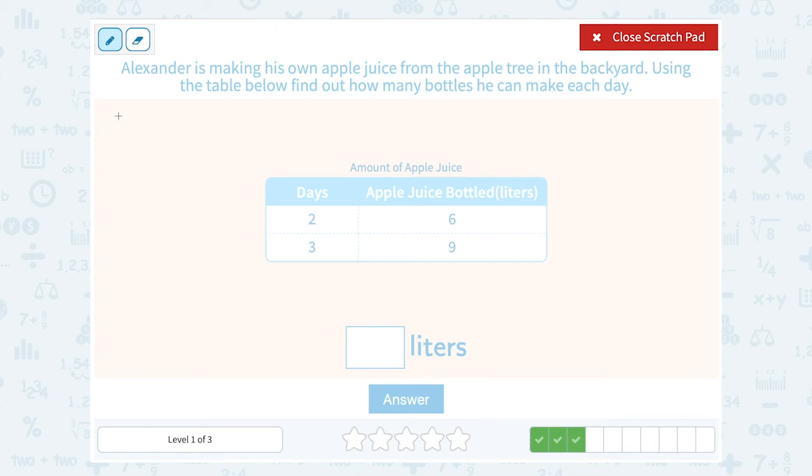So we can say the bottles of juice, or Y, divided by the number of days, or X, will tell us how many bottles he can make each day, or bottles per day. And again, you can choose to use either point. Let's say I use the point (2, 6). I would say, okay, 6 bottles divided by 2 days means that he makes 3 bottles per day.